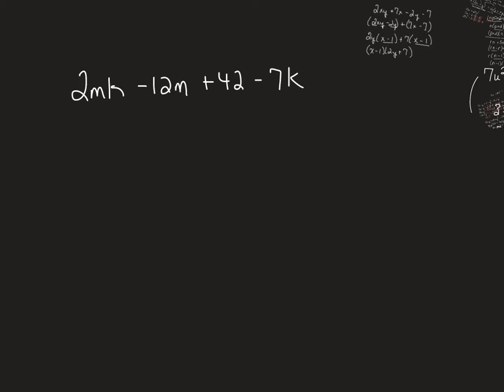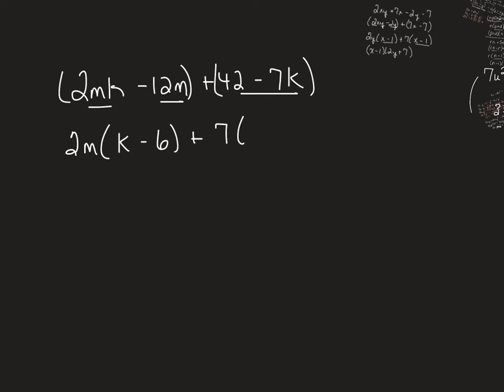Okay, look, I've got a positive, a negative, a positive, a negative. So if we group, here I have a 2m common, and we're left with k minus 6, because 12m divided by 2m is just 6. And in this grouping, I have a 7 common. 42 divided by 7 is 6.